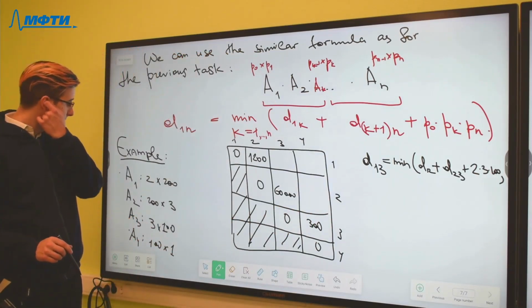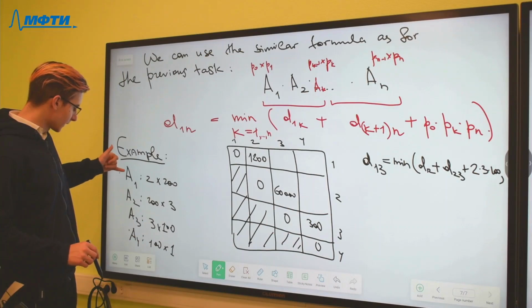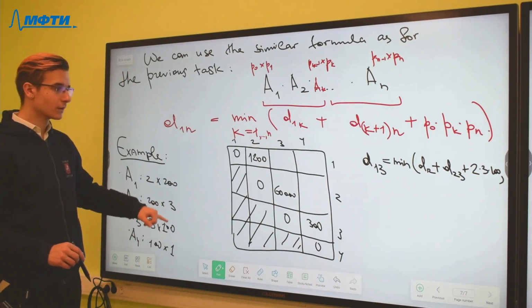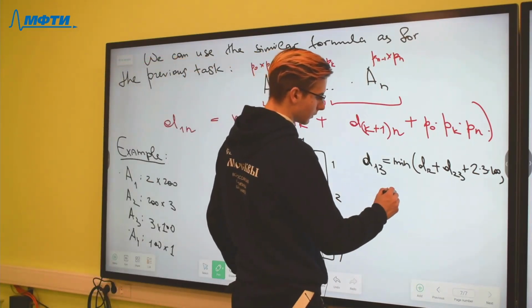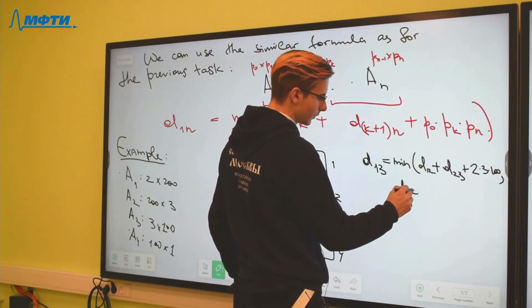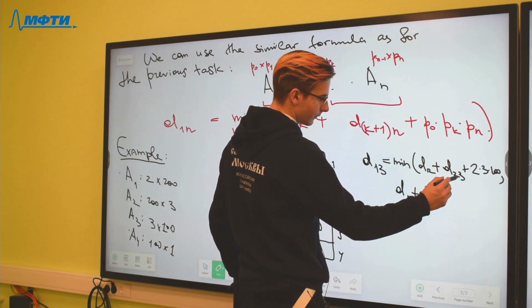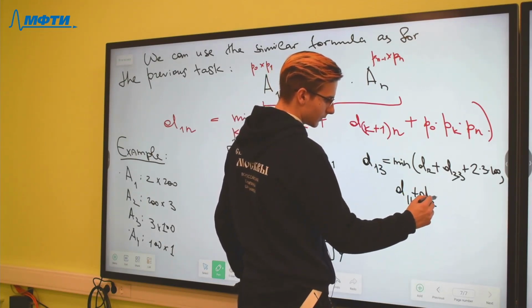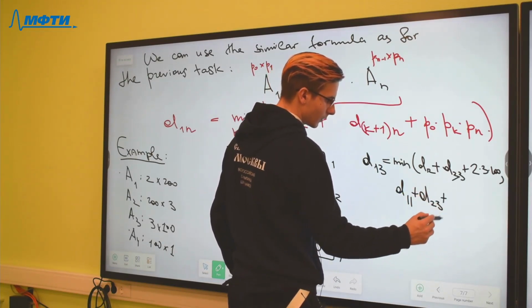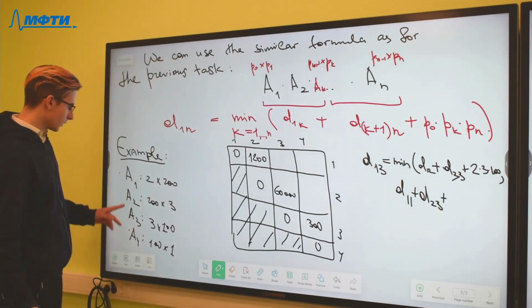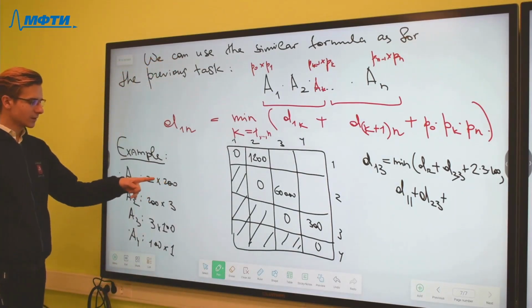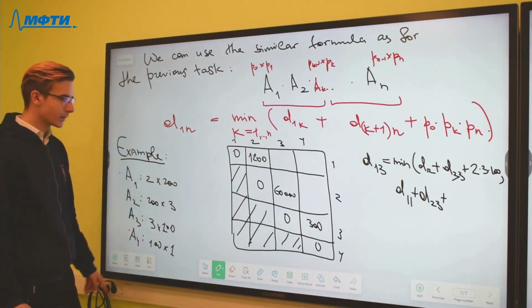Or we divide with what we said here, D11 plus D23 plus 2 multiplied by 200 multiplied by 100.